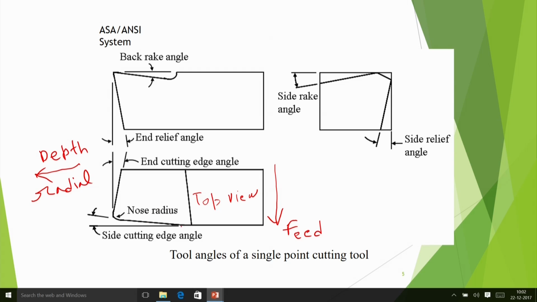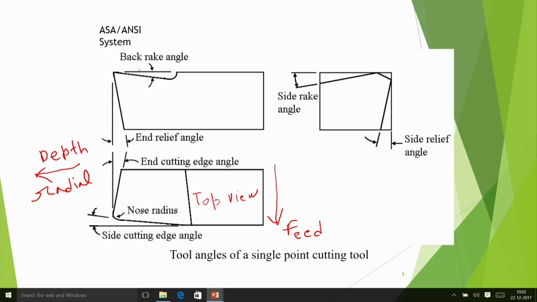Of course, it can be 0 degrees also, which means the cutting edge is perpendicular to the feed direction in the top view. Similarly here you have the end cutting edge angle. So two important angles are seen in this view, and then you have the nose radius. Typical nose radius may be about 0.2 mm, 0.3 mm, or 0.1 mm.